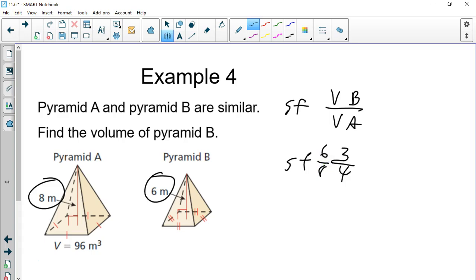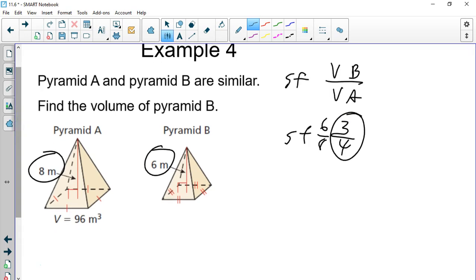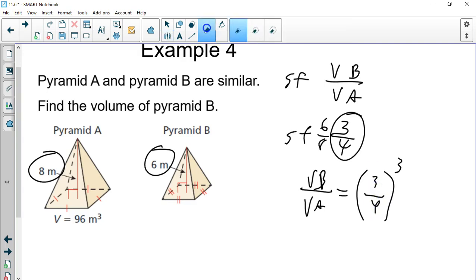We're going to use this to calculate the similar value. So we have the volume of B over the volume of A, and we're talking about the scale factor. Remember, when we talk about volume, the scale factor is cubed. When we talk about area, it's squared. So we just take the 3 and the 4. We substitute in the volume of A being 96.